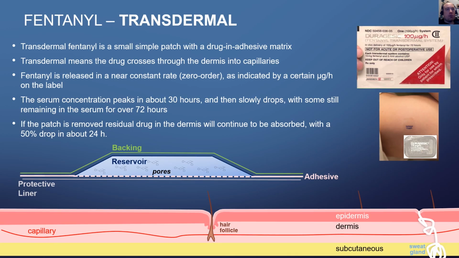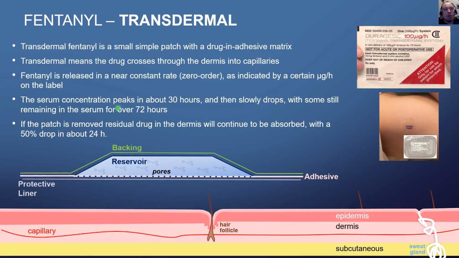So it's released at a near constant rate. That's called zero order, and that's why it's listed as a mass per unit time rather than a percent per unit time. So you can expect delivery of the same mass every hour for quite a while, actually, until you've exhausted all of it in the patch.